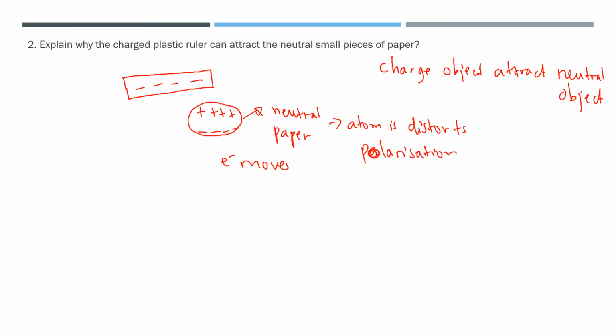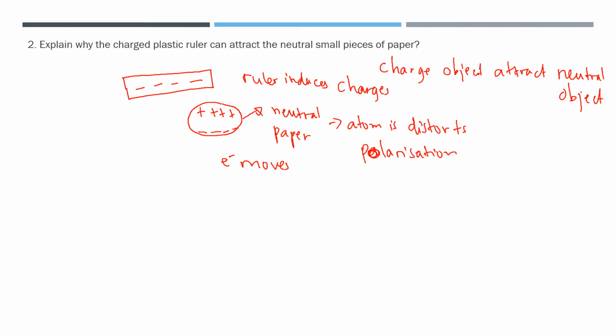So if it is already like this, this has happened even though there is no touching. We can say that the ruler induces the charge on the paper.